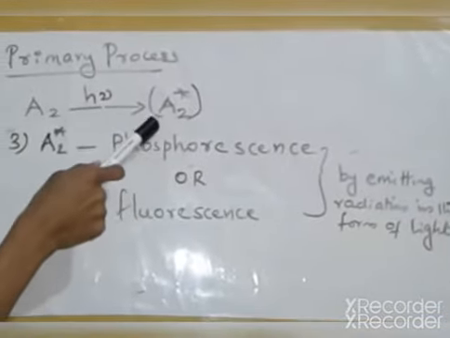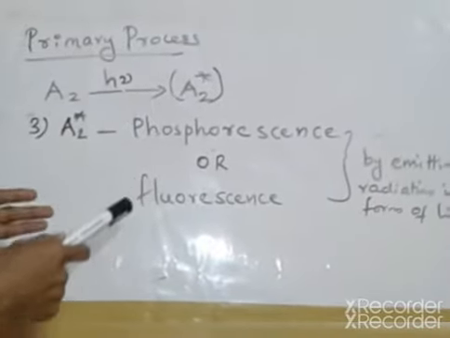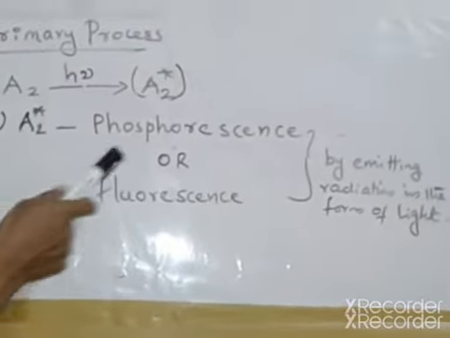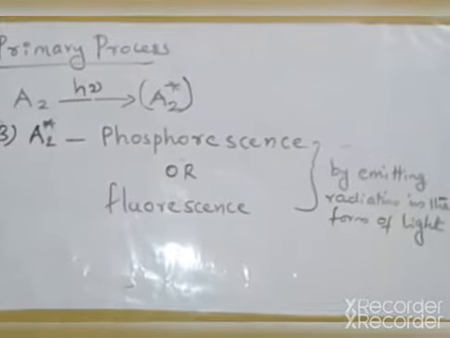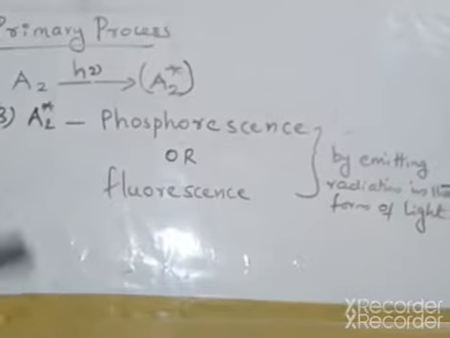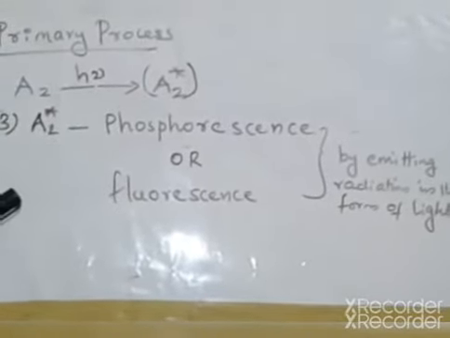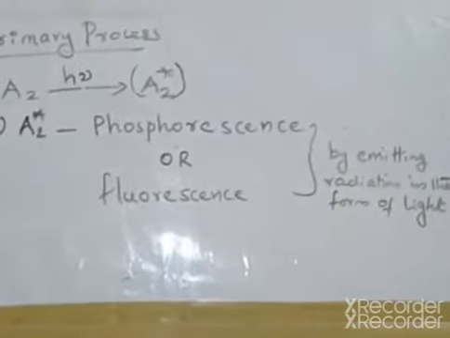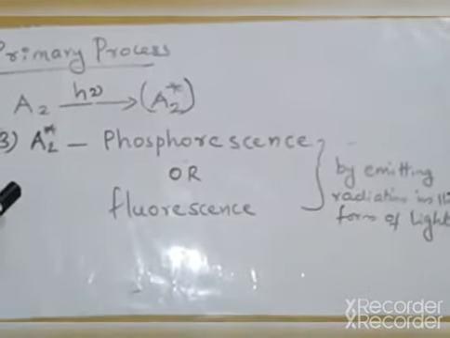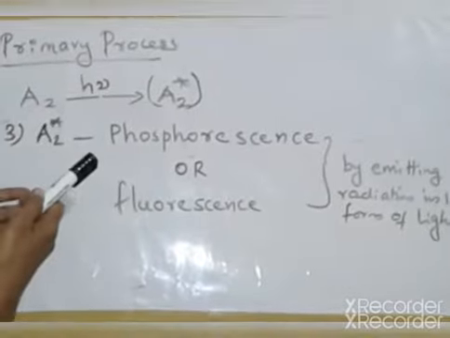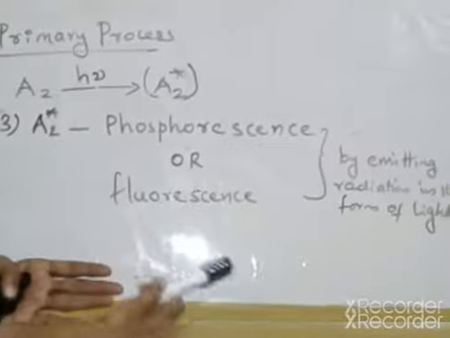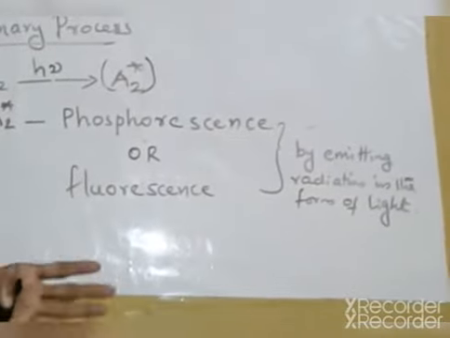After the excitation, the excited molecule may dissociate to give atoms in the excited state or free radicals, or lose vibrational energy by colliding with other molecules in the system, or undergo phosphorescence or fluorescence by emitting energy as light.